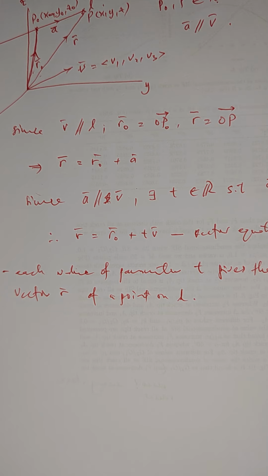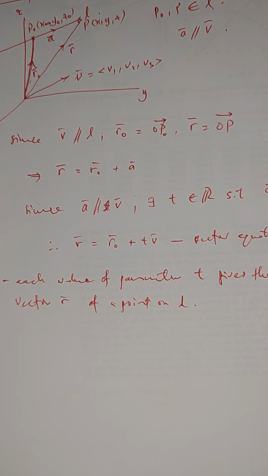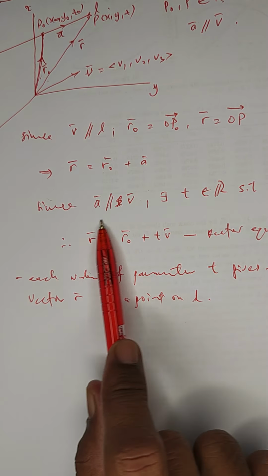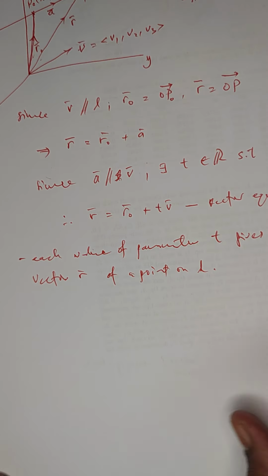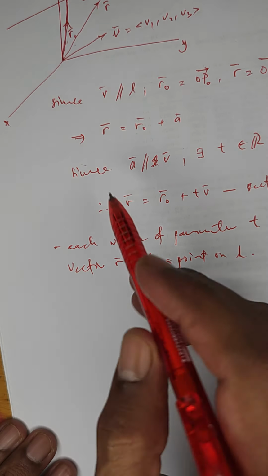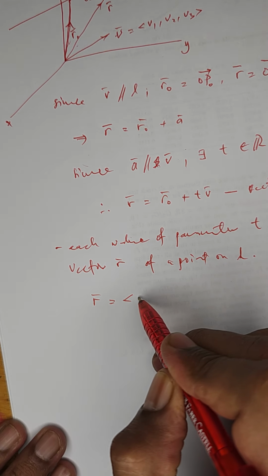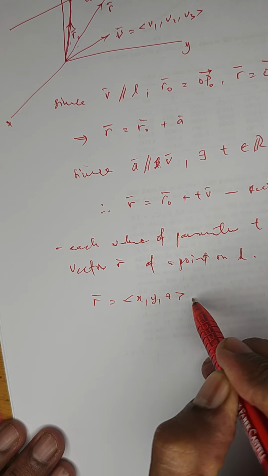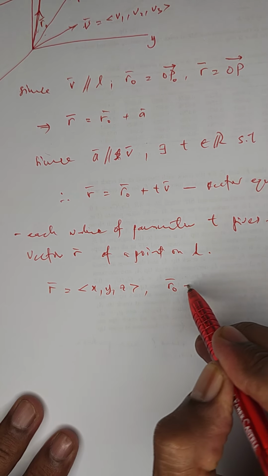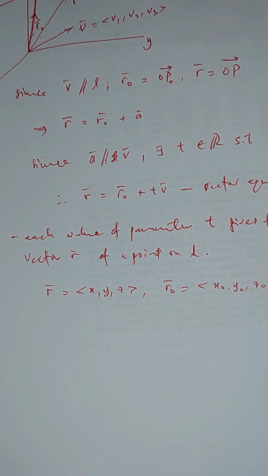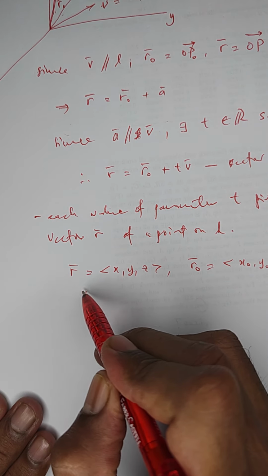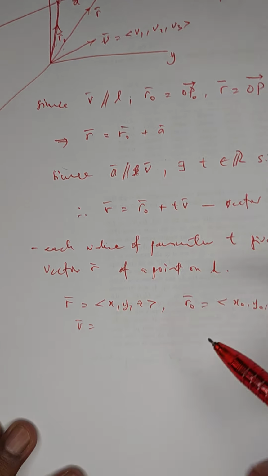Okay, let me give an example. From this relation between R0 and t, our vector R is basically the vector with components x, y, z, and vector R0 is x0, y0, z0, with V as we mentioned, V1, V2, V3.